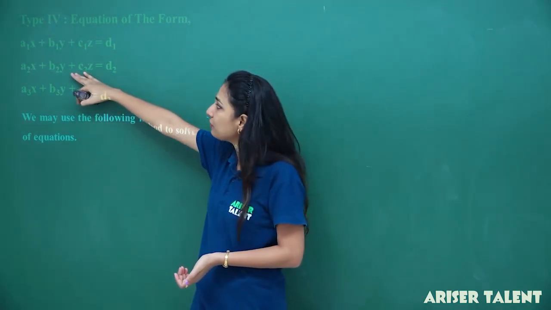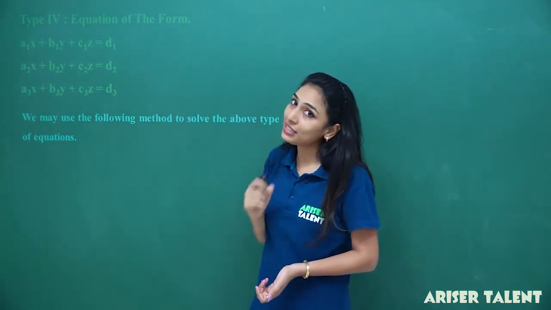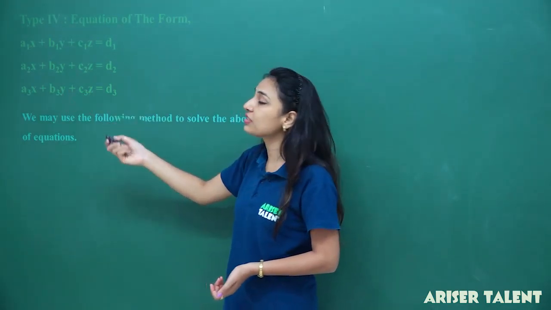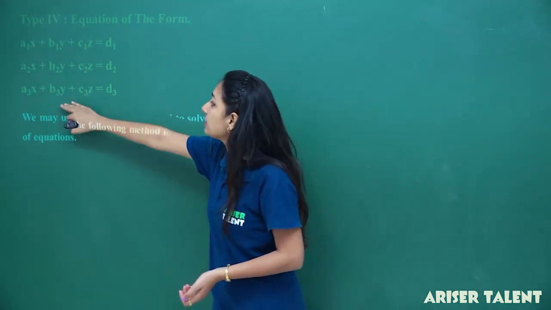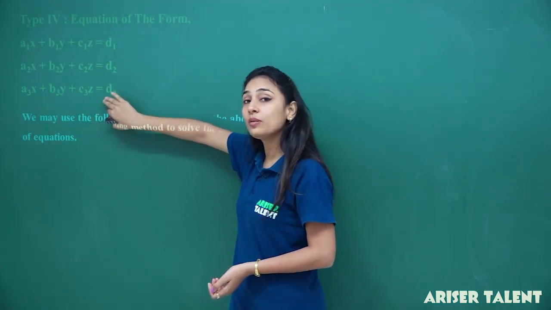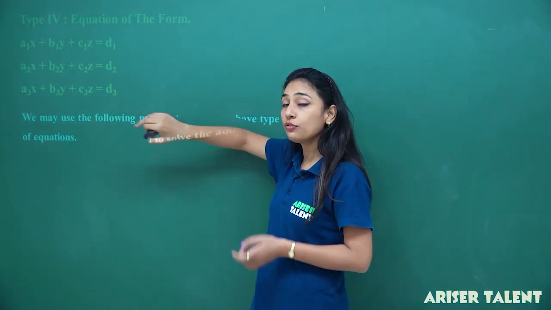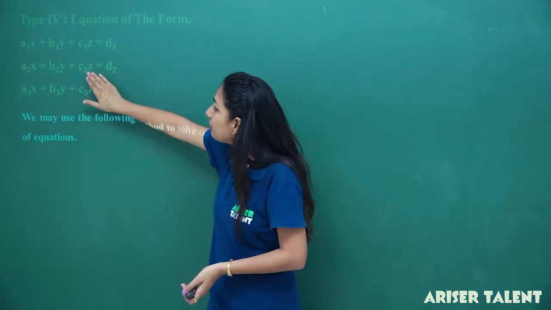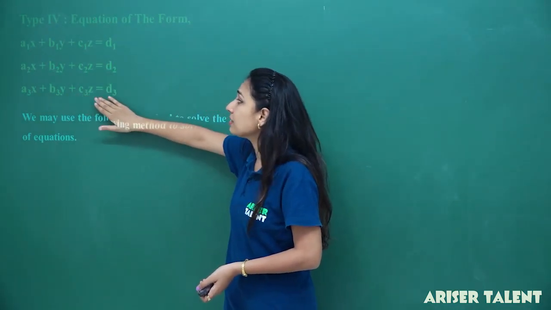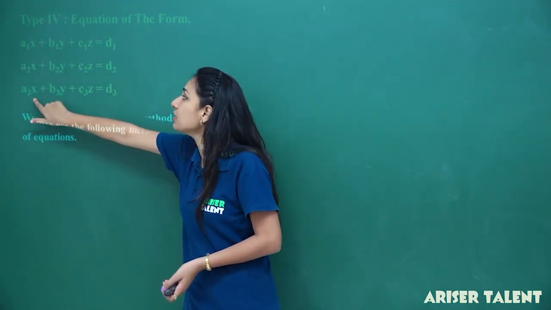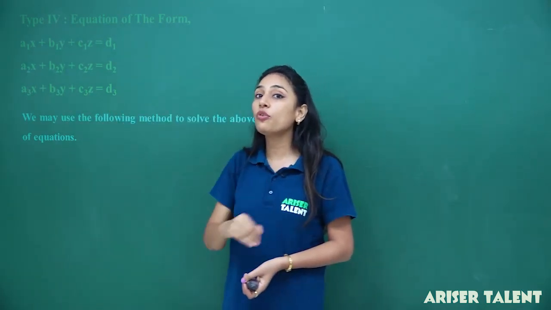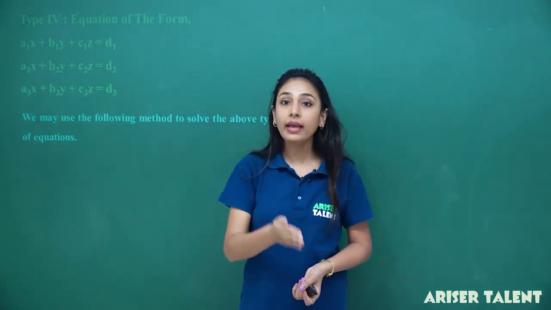Again the third equation is in the form of x, y and z, and z also will be written in the form of x and y. So here it will become x and y, here it will become x and y. So this complete equation will be formed in the form of x and y.